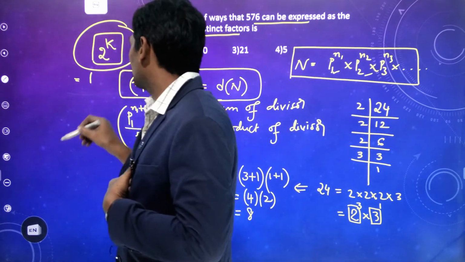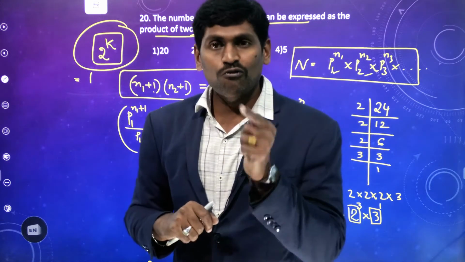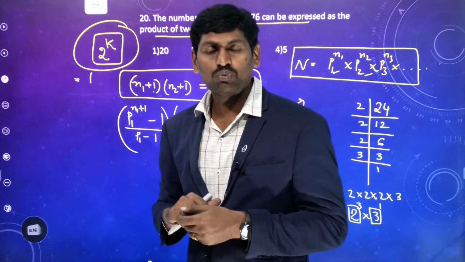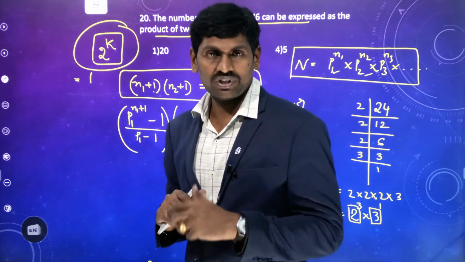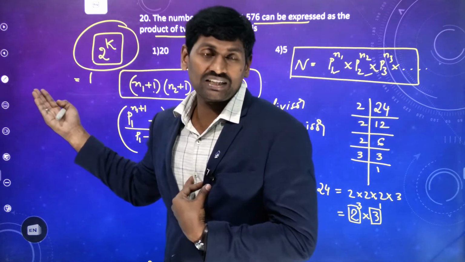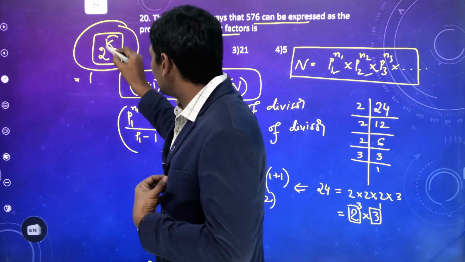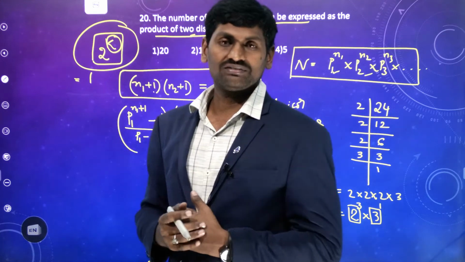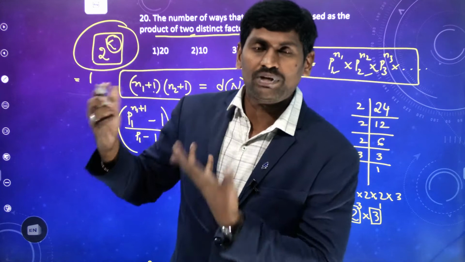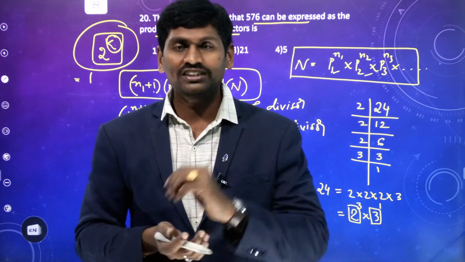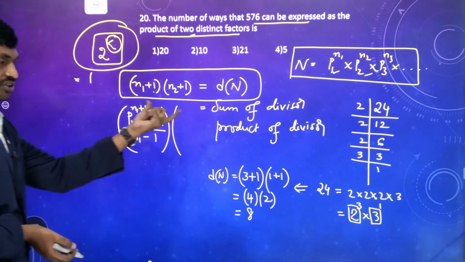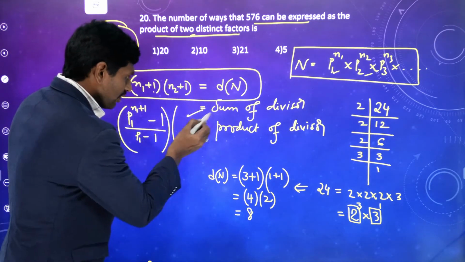That is only 1, because 1 is a factor of every number. Coming to the even factors, we take k plus 1, because the even prime is 2 and 2 power k is there, so k plus 1. Got it? Very good.